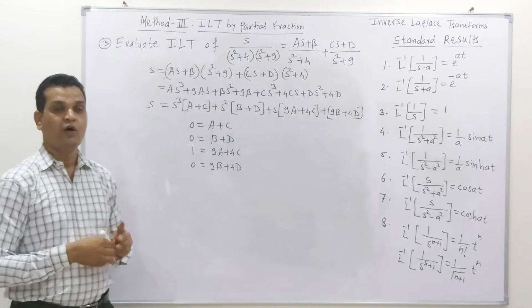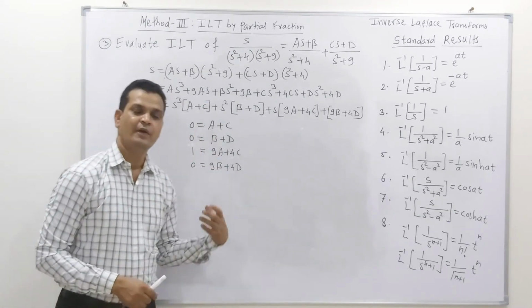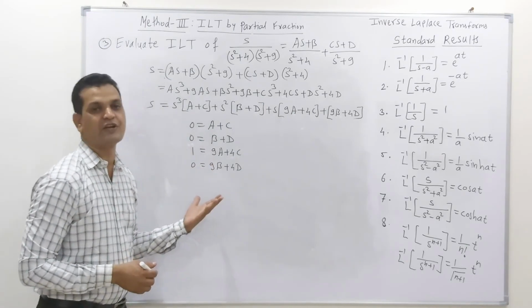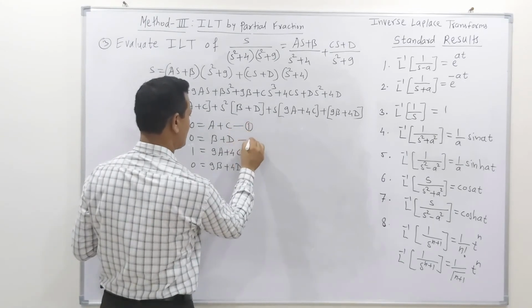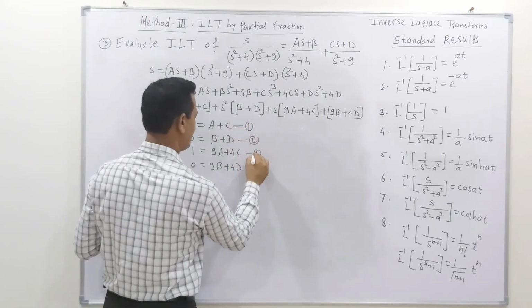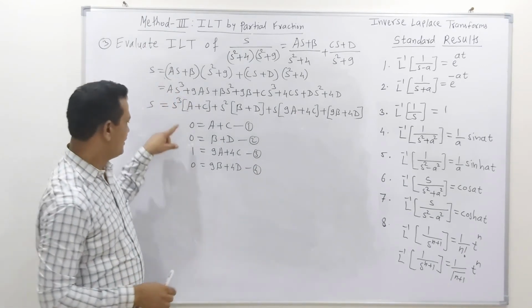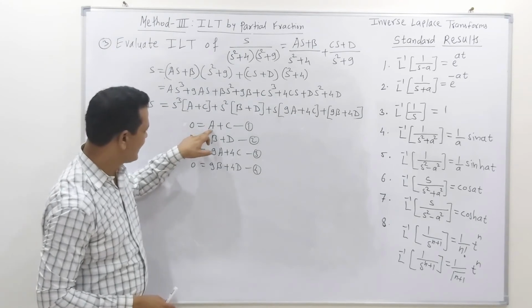Now again the question is to solve these equations with the help of simultaneous equations. We are not getting a straightforward answer, but observe that this is our first equation, this is second, this is third, and this is fourth. The first and third equations have the terms a and c.